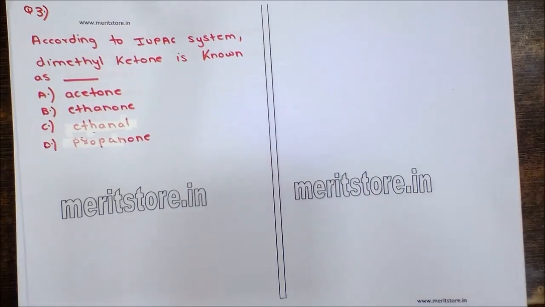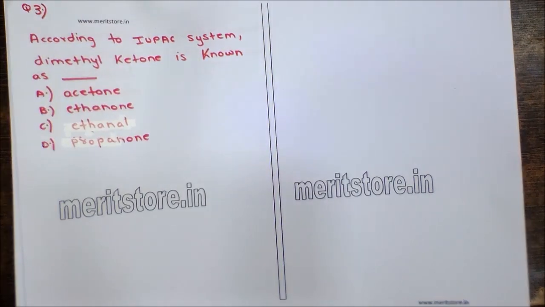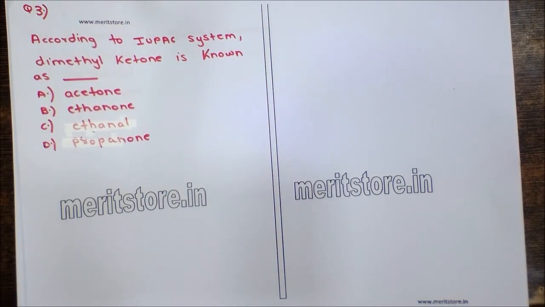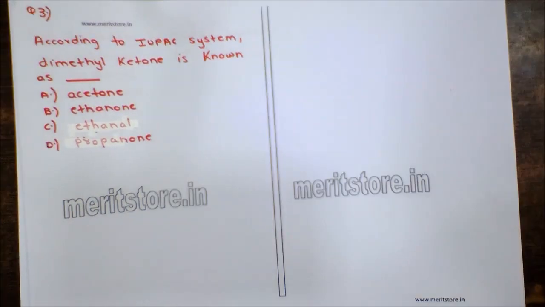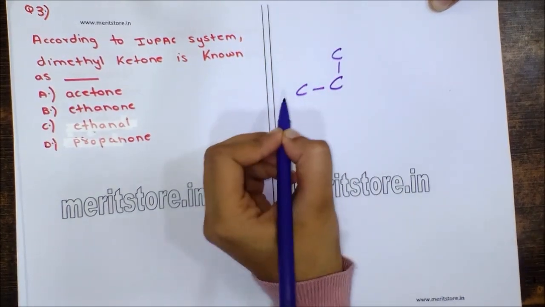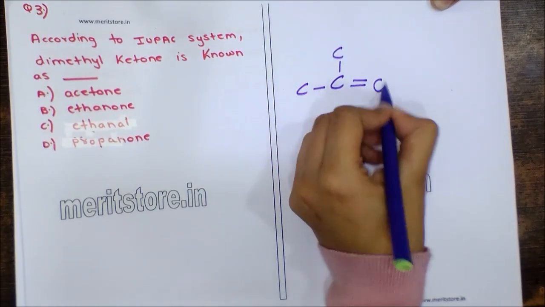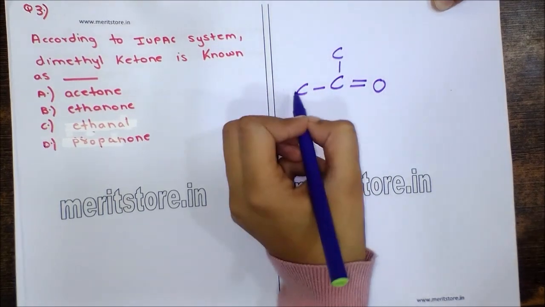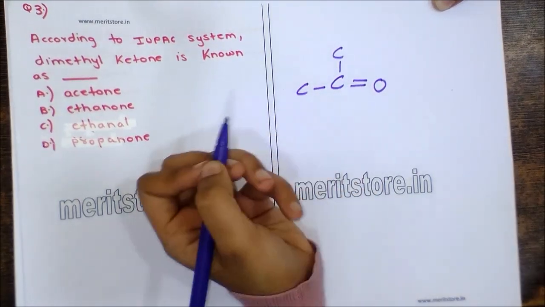Question 3. According to IUPAC system, dimethyl ketone is known as dash: A. acetone, B. ethanol, C. ethanol, D. propanone. So as I draw dimethyl ketone, this is my carbon, these are two methyls joined to it and I make it a ketone, and I have eliminated hydrogens for now. I am just making the carbon chain.